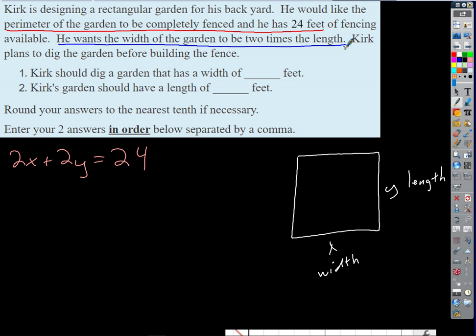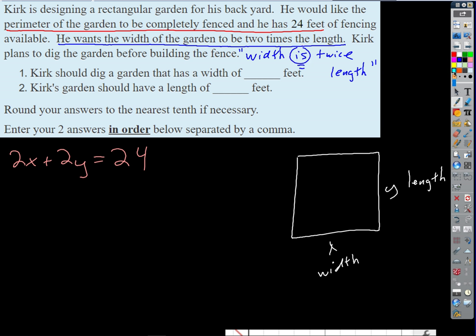So we can take all that stuff up there in blue. So width is twice length. That's easier to turn into a mathematical sentence, meaning an equation, right? What does the word is typically represent in an equation? Equals, yeah. So there's going to be my equals sign, right?